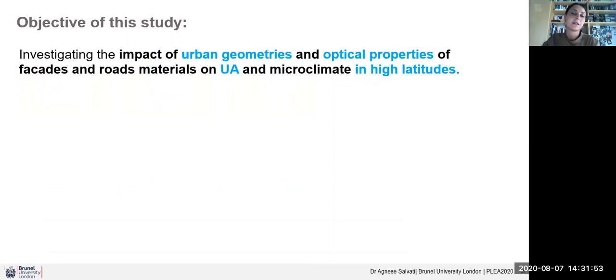In this study, I'm going to show some relationships between urban geometry, optical properties of facade and road materials, and urban albedo and microclimate at the street level in high latitudes.